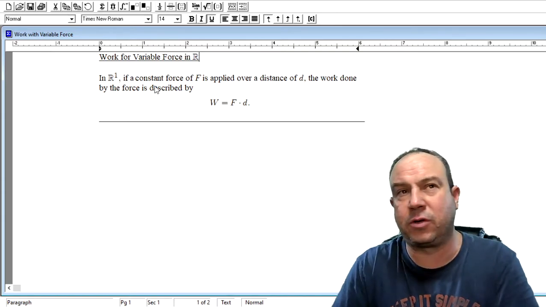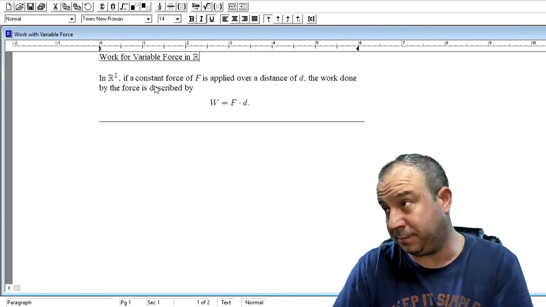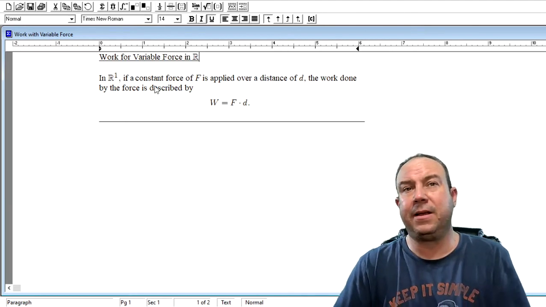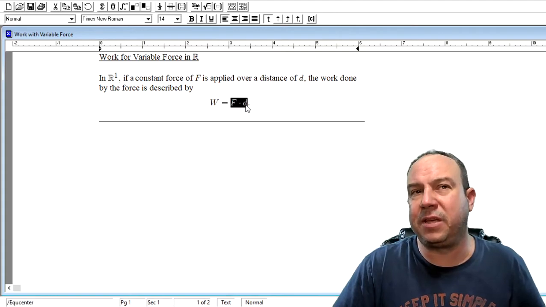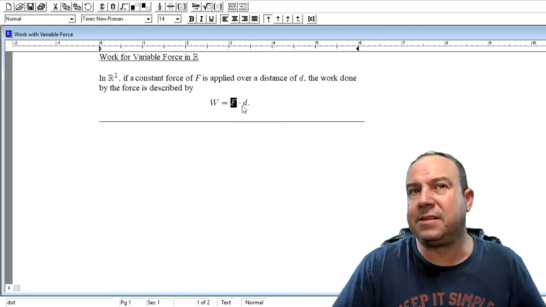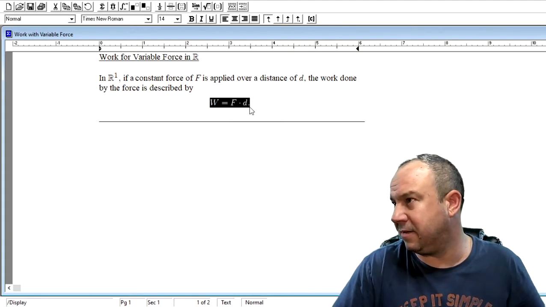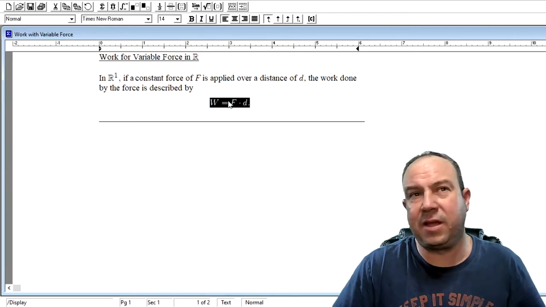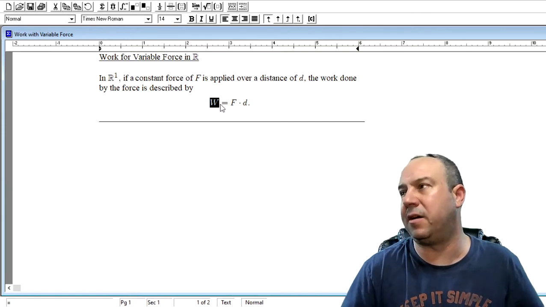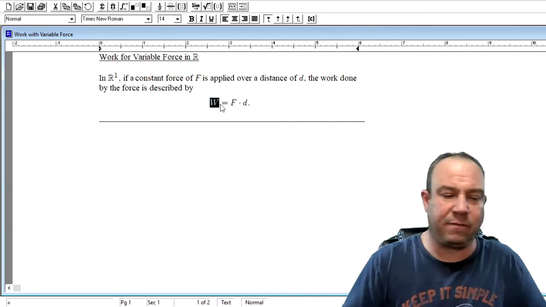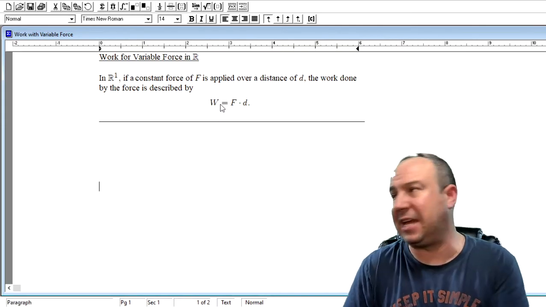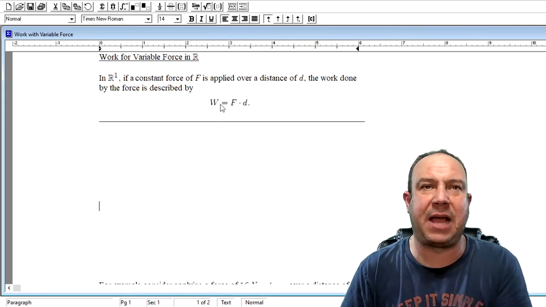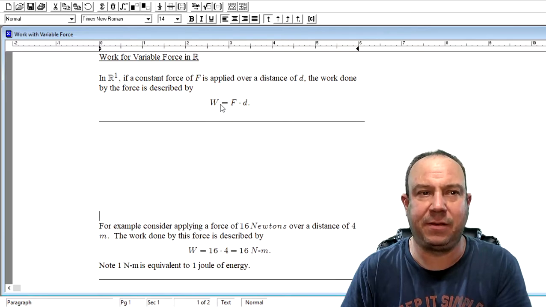If a constant force of F is applied over a distance of d, the work done by the force is described by simply the force value times the distance. The measurement of force times the measurement of distance gives us our measurement of work. Force times distance equals work in the case of a constant force being applied over a given distance.